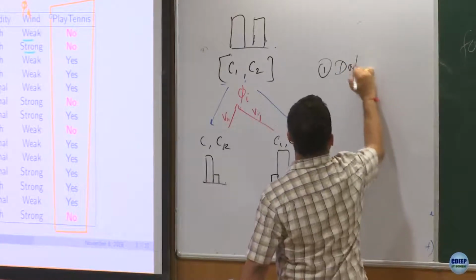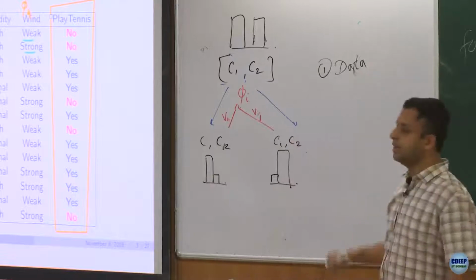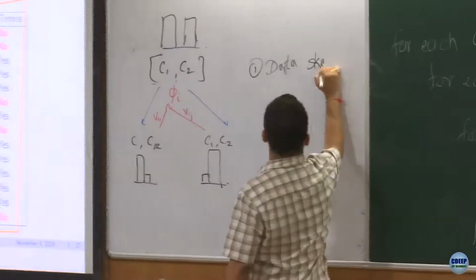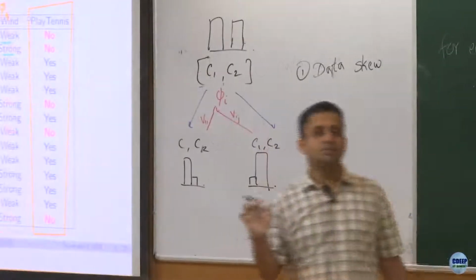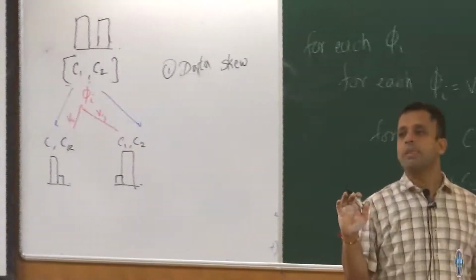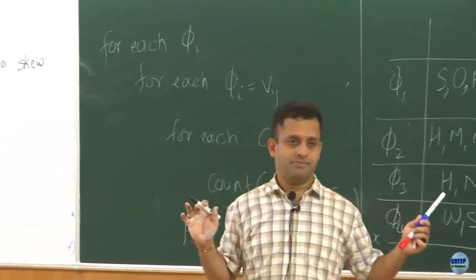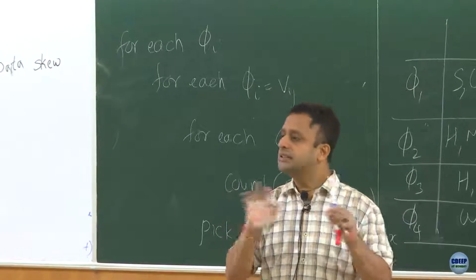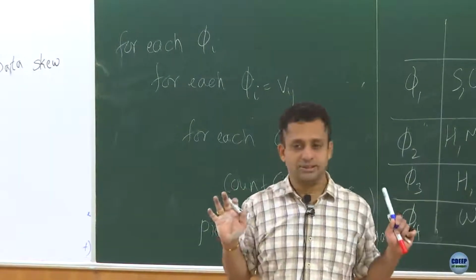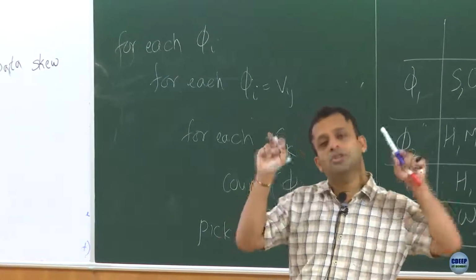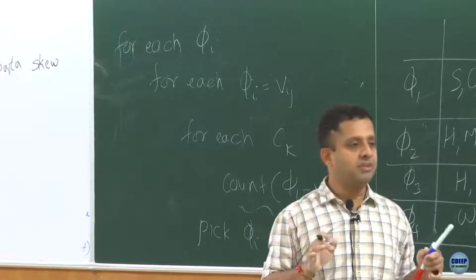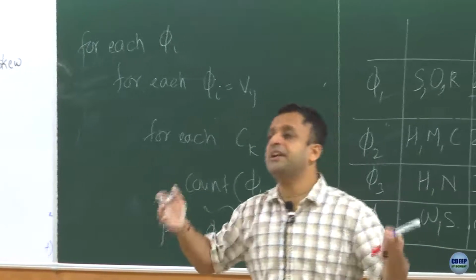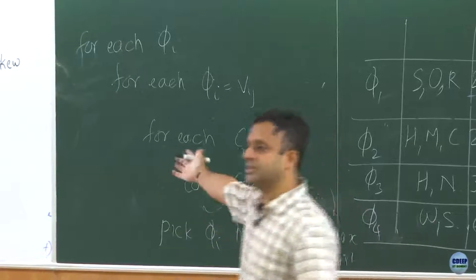Now we are going to give a name to this skew. Data skew, you could also call it purity. What I meant is, if it's very skewed, that means there is some clear distinction between classes, right? So I'm going to call skew as purity. Purity means there is a clear indication which class dominates.